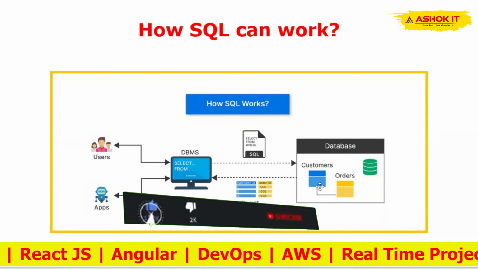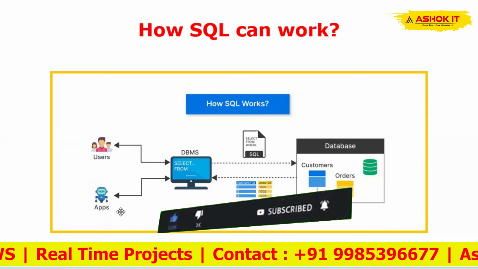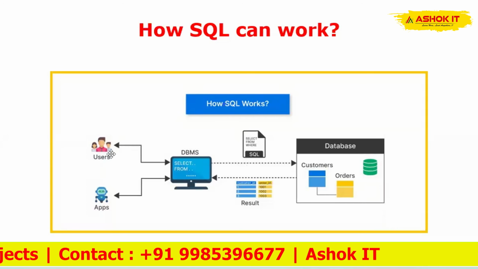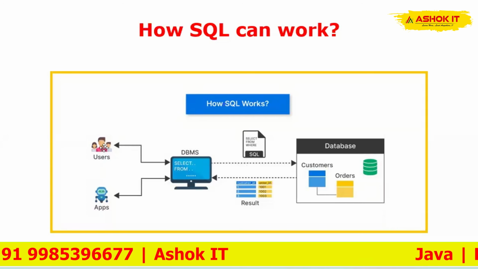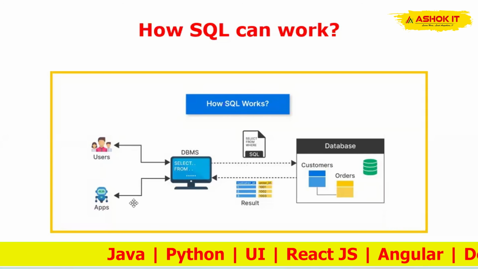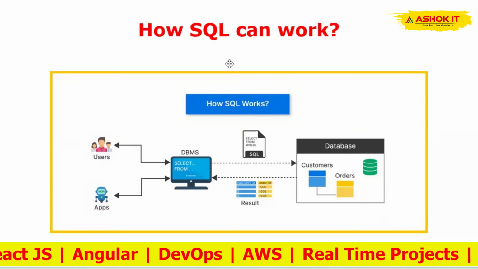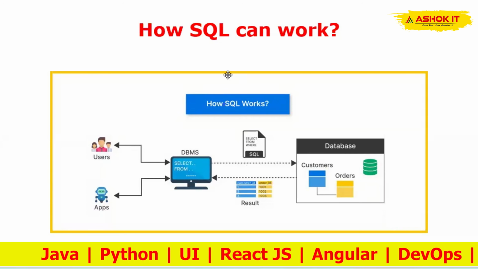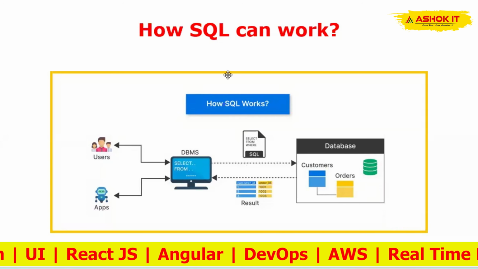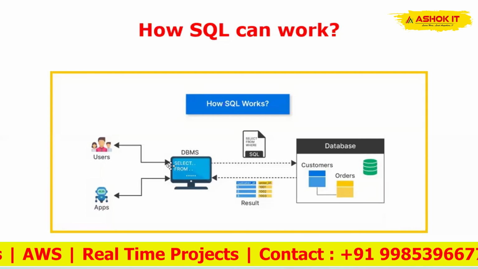The database gives the response according to the request of the user through the DBMS directly. So when the user wants to communicate with the application database through the application, SQL can be used. SQL is a programming language used to interact between the user and the database for application requirements.